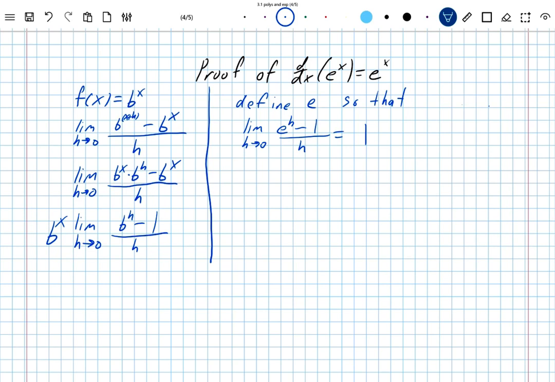Okay, so let's back up a little bit here. Okay, so what is this limit as h goes to 0 of b to the h minus 1 over h? We're saying that the derivative of f of x is equal to itself, f of x, times this thing.